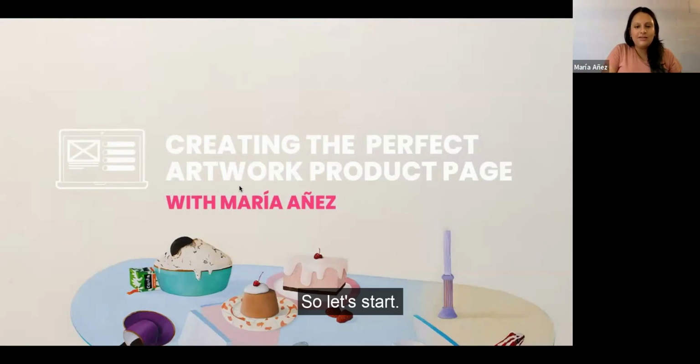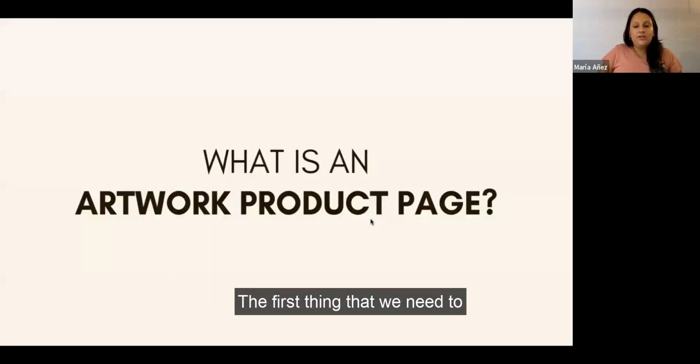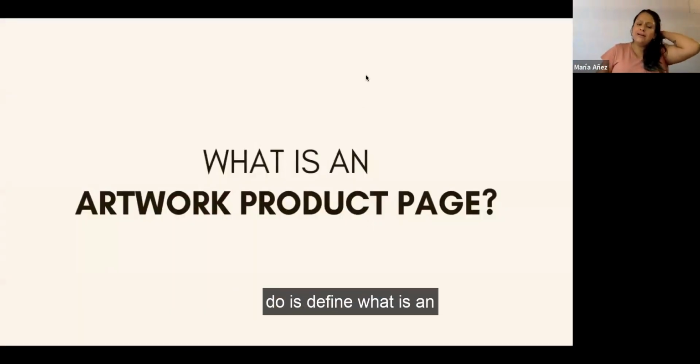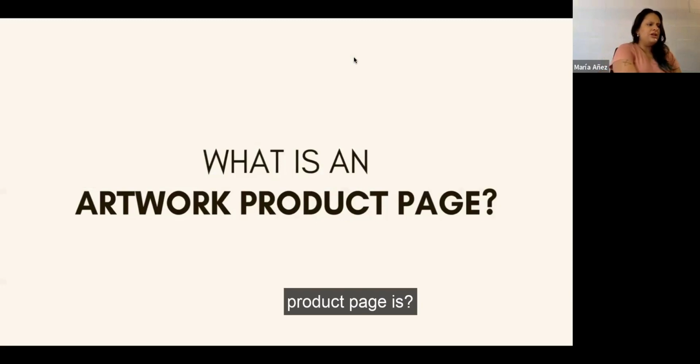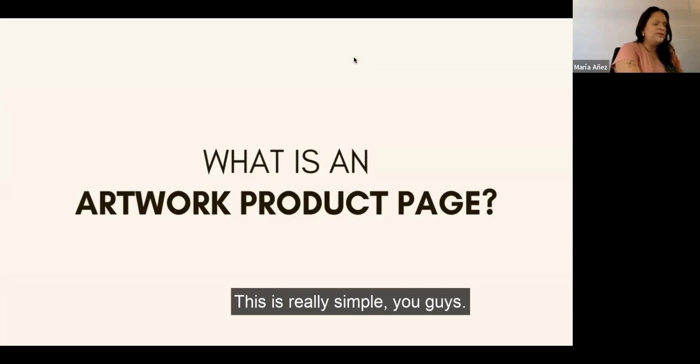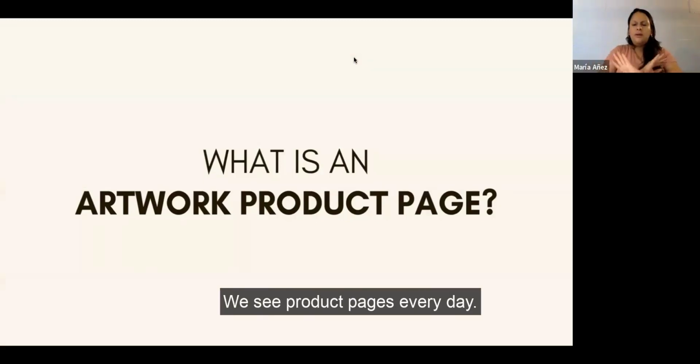So let's start. The first thing that we need to do is define what is an artwork product page. Do you have a precise idea what an artwork product page is? This is really simple, you guys. We see it all the time. We see product pages every day.